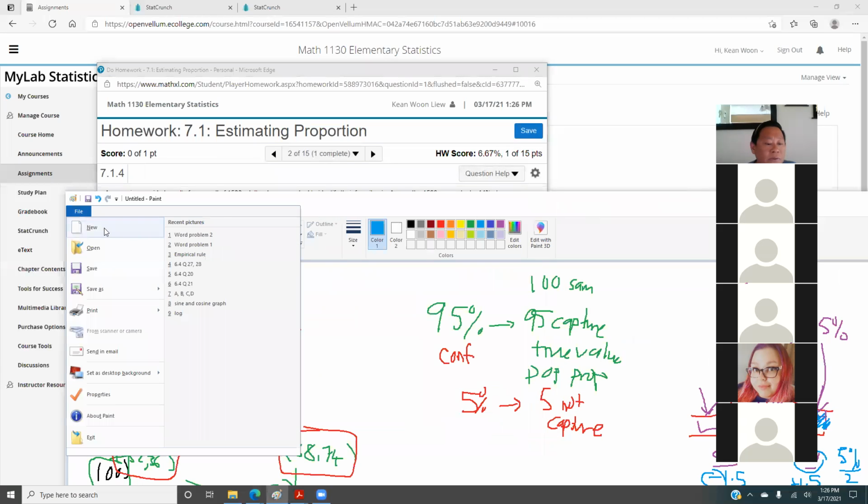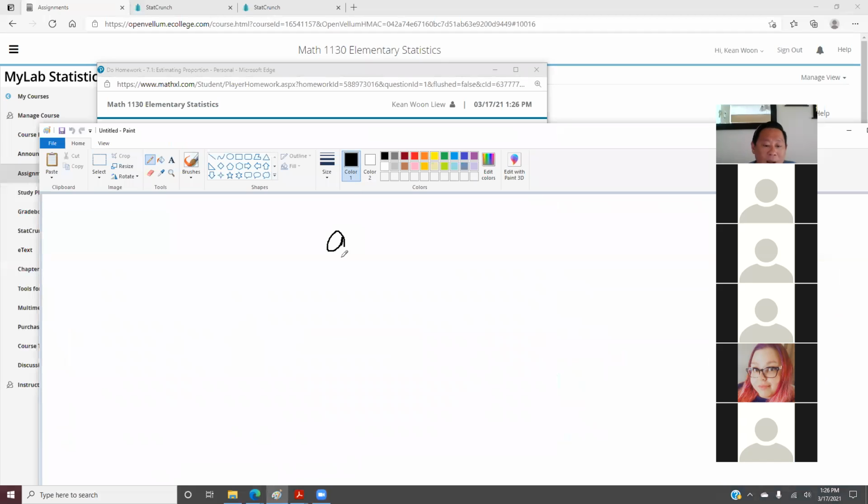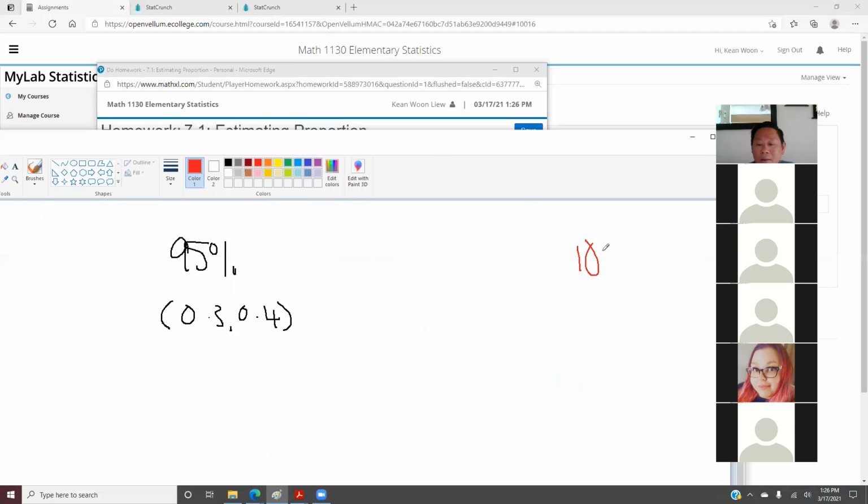In order for us to figure out which is wider, let's say you have a 95% interval between 0.3 and 0.4, for example. If you want 100% confidence, it's going to be 0 to 1, which means 0 to 100%.